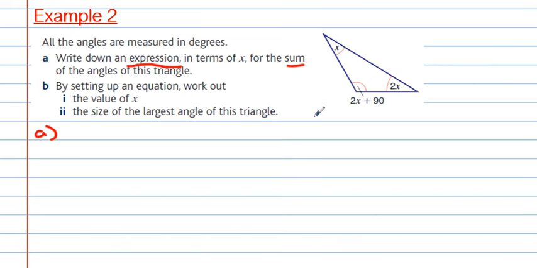So if we add everything together, we will have X plus 2X plus 2X plus 90. Those are the 3 angles in this triangle.